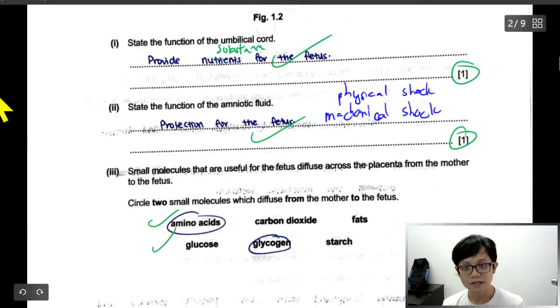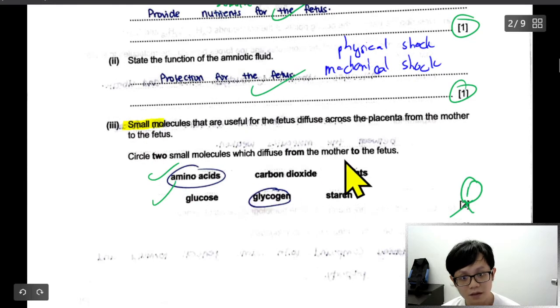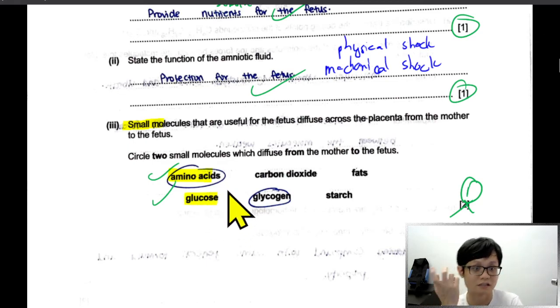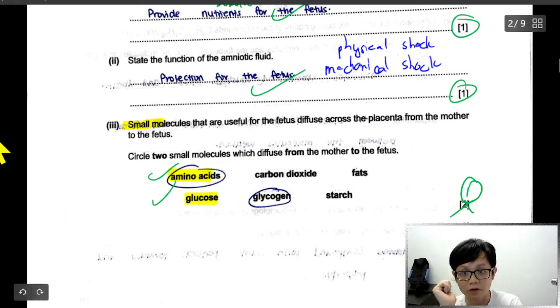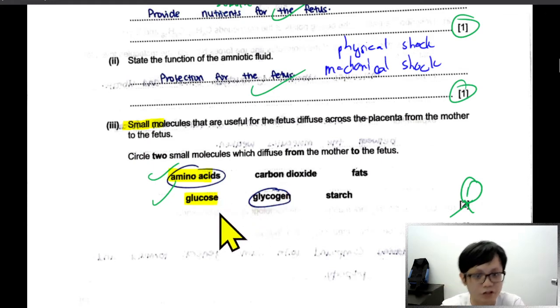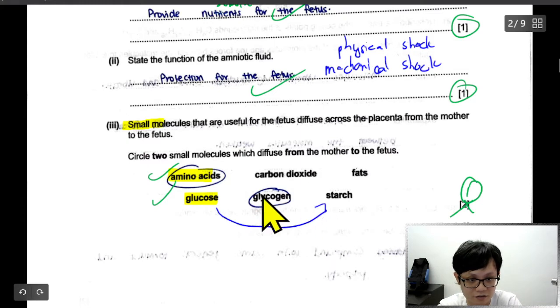Okay, so question number 3 asks for small molecules that diffuse across the placenta from the mother to the fetus. When we are talking about small molecules, it is obviously amino acid and glucose. The bigger molecule for glucose will be starch or glycogen.